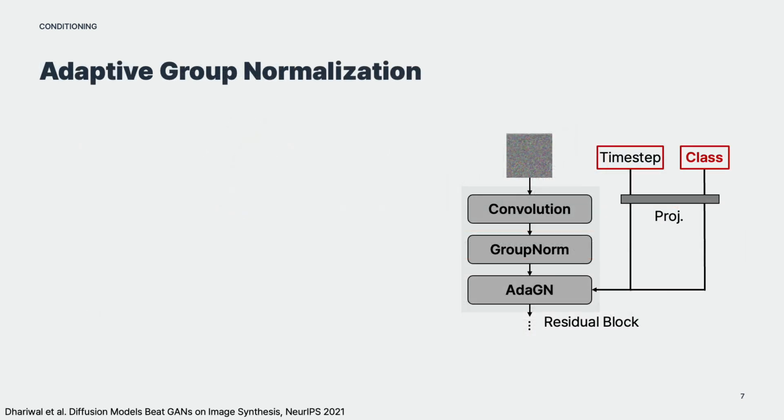The first method I'd like to introduce is adaptive group normalization, which was used in the paper that later proposed classifier guidance. In this approach, both the time step and the class embedding are projected and then injected into an ADA group normalization block, a type of residual block that many of you will be familiar with.